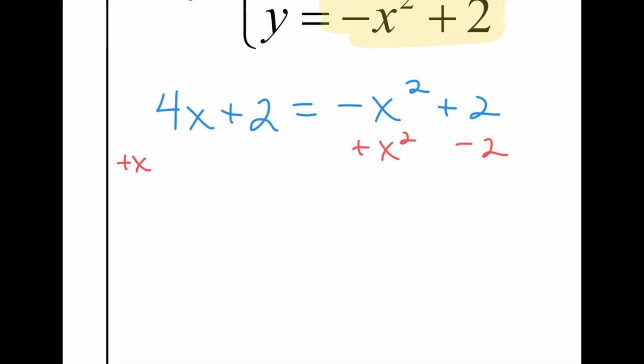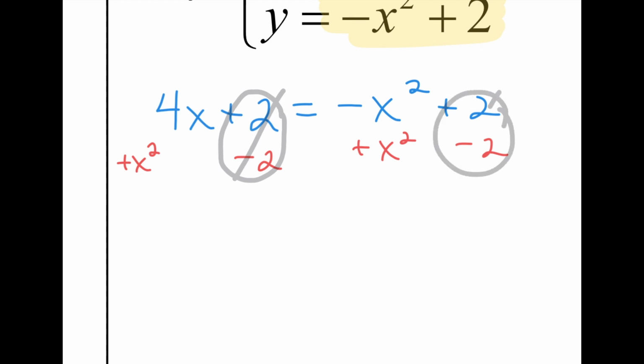I'm going to add the x squared, but there's no like terms. And minus 2, which means that this thing right here is a little interesting because that becomes 0 just like that becomes 0. So really, this whole thing then ends up as positive x squared plus 4x.